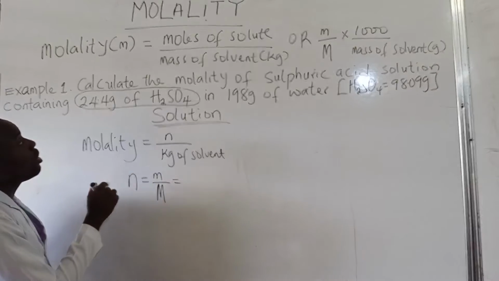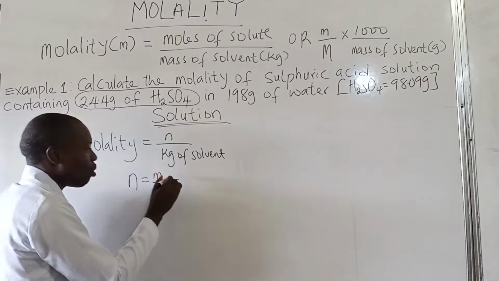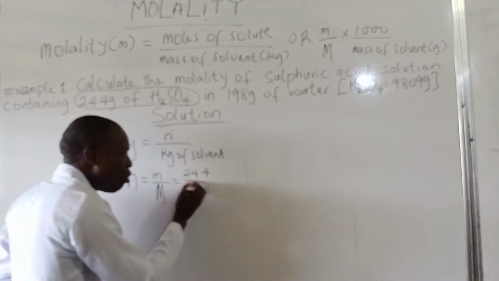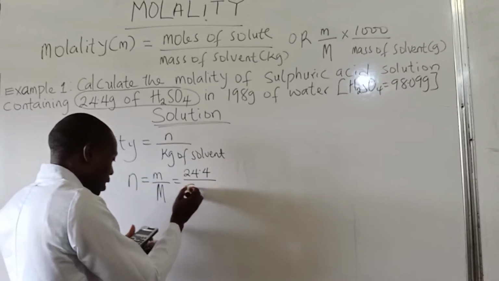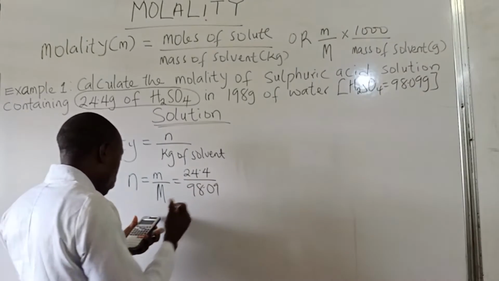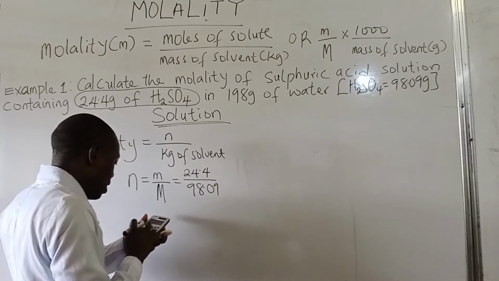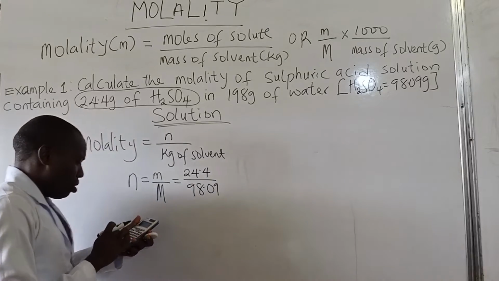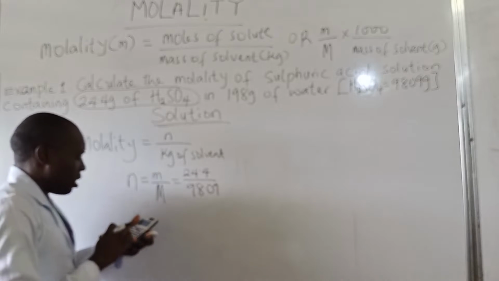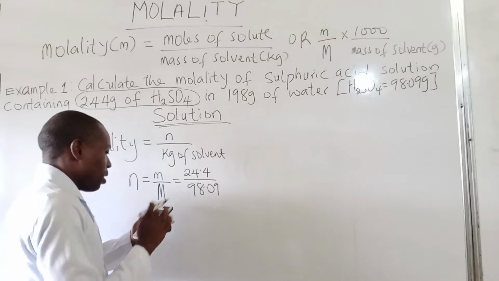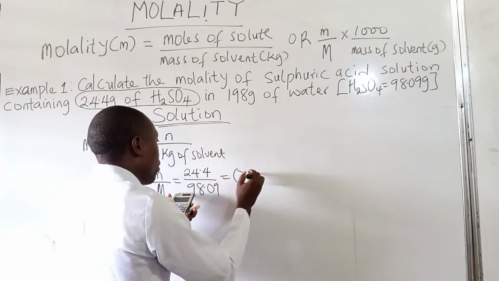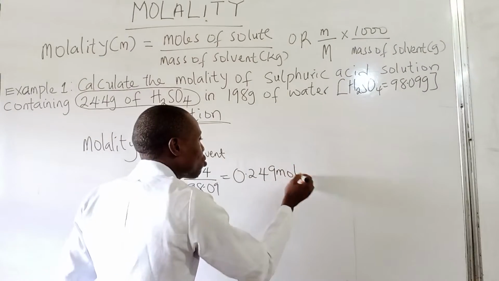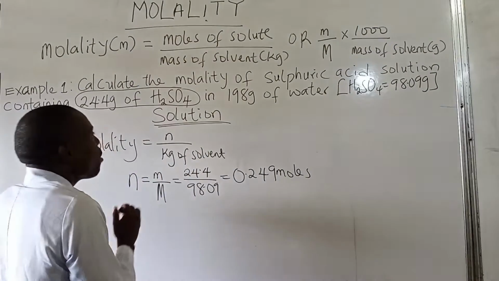The mass of the solute was given to us to be 24.4 gram, and the molar mass was given to be 98.09. It's very simple. That is equal to 0.249 moles.